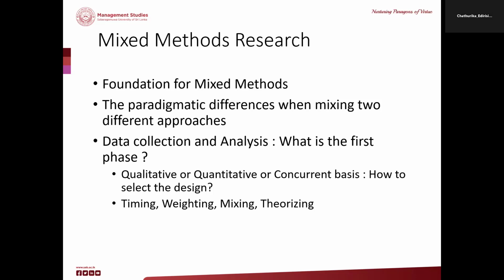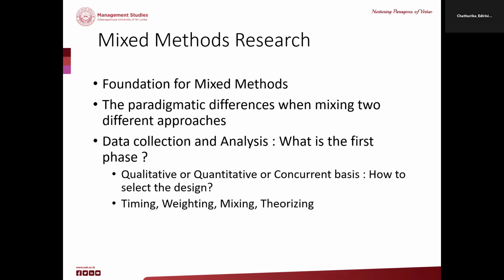These 4 factors are: timing, in the sense of whether to proceed with the quantitative phase first, or the qualitative phase first, or on a concurrent basis. So whether there is a sequential order, quantitative followed up by qualitative, or quantitative with qualitative at the same time, we call it the concurrent phase. So timing.